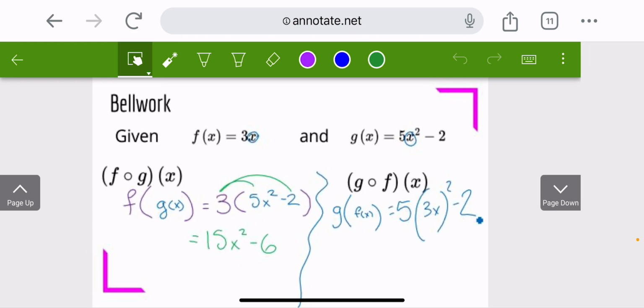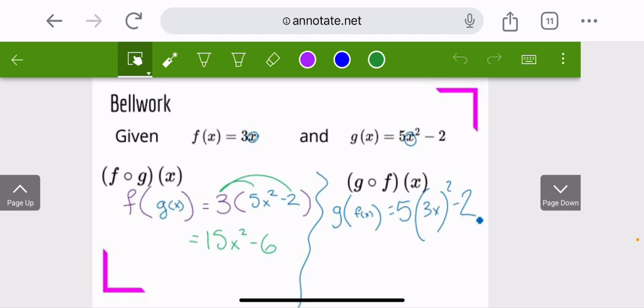And then we need to simplify this. Order of operations says we do what first? The exponent. So I can't simplify anything in the parentheses. So then we're going to go out. I need my exponent next. So I need to do my 3x squared before I multiply that 5.